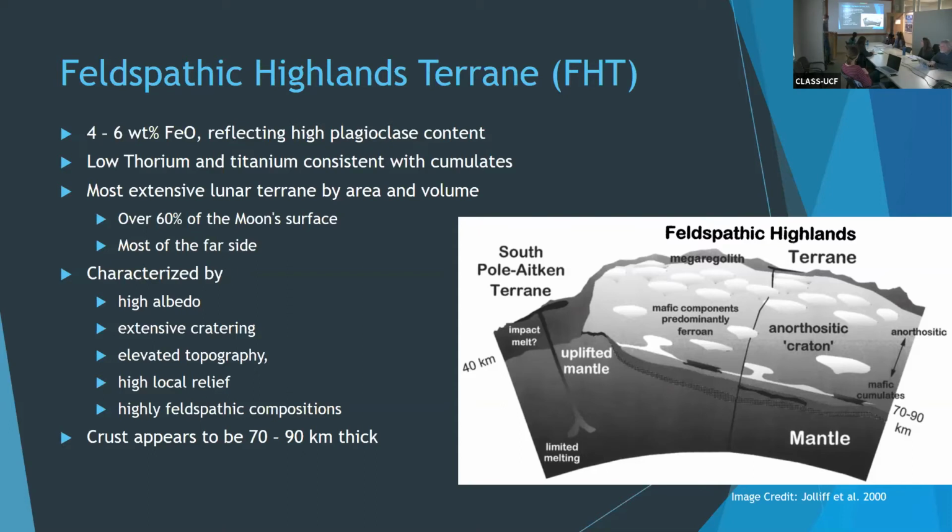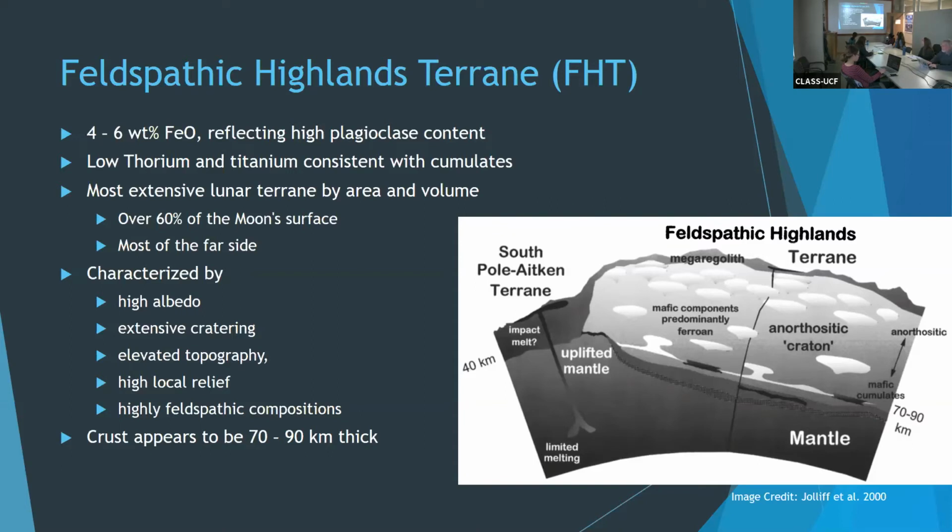It's characterized at the surface by that high albedo that gives it its light color. Lots of rough terrain and very cratered over millions of years. Elevated from the surroundings due to that low density, and no real volcanic activity in the highlands. And then, of course, there's large amounts of feldspar. And then this image I found really helpful and interesting.